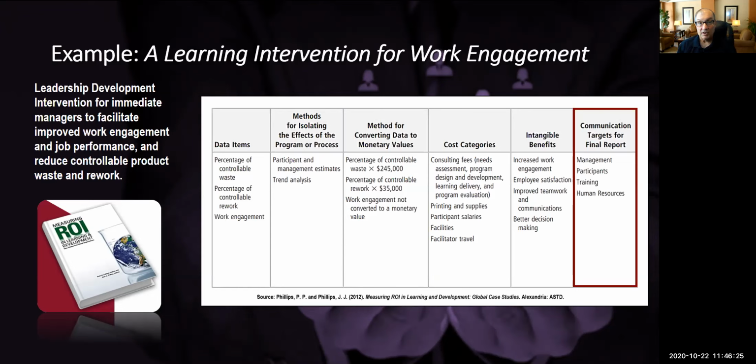And of course, the decision there was, do we take this leadership development intervention for immediate managers to facilitate improved work engagement, job performance, and reduce controllable product waste or rework, or whatever those other things are that are eating the lunches of the various business units, and spread it around to the other 13 beyond the 1. That was the deal. So these are the people that could make that happen.